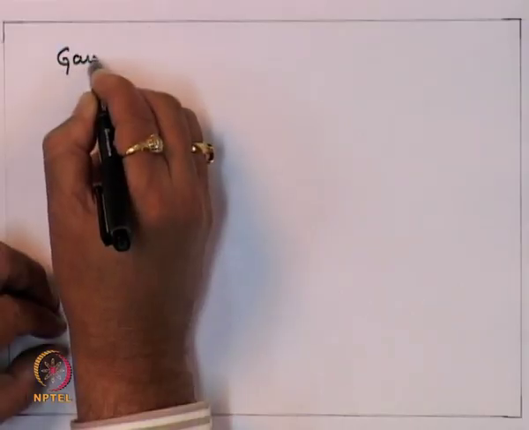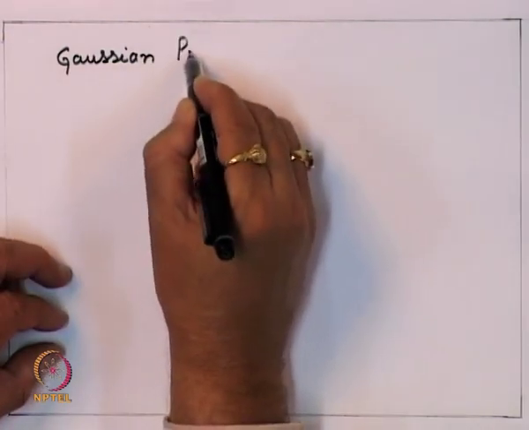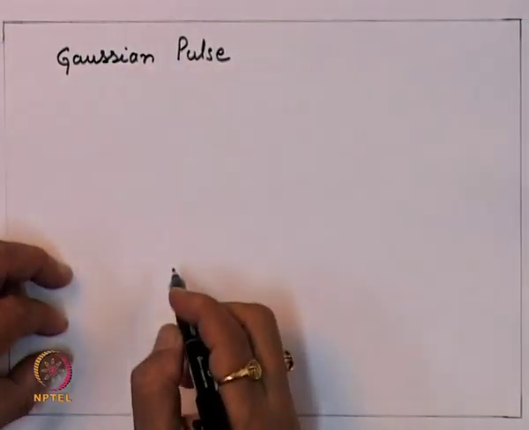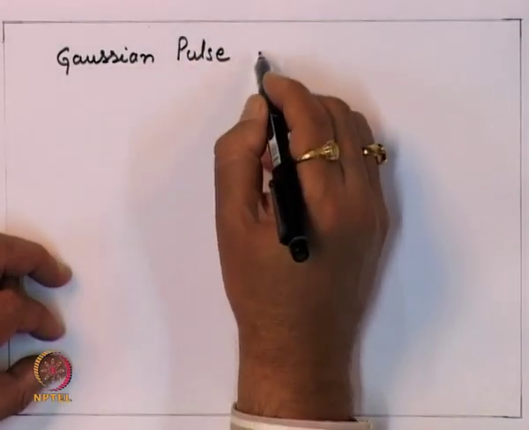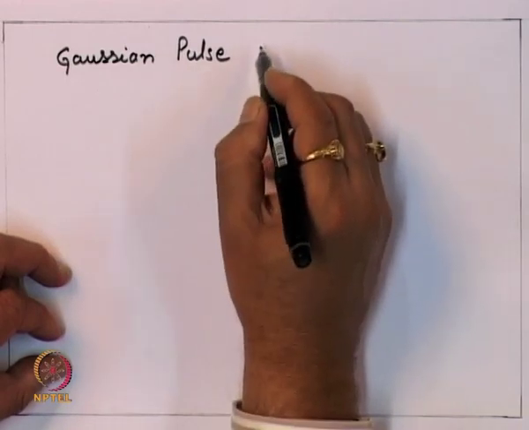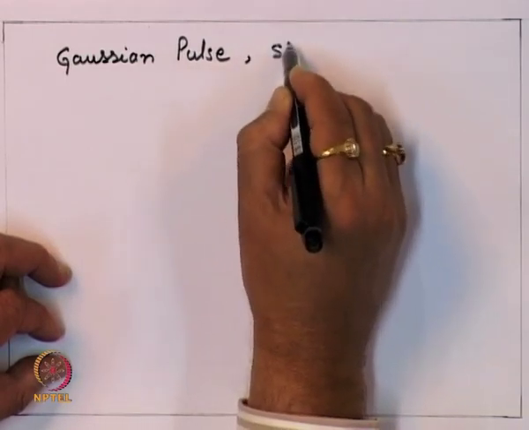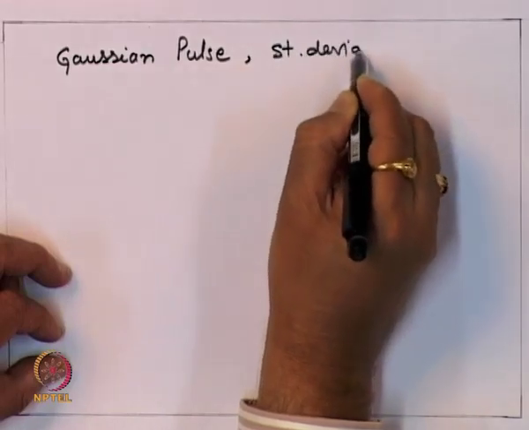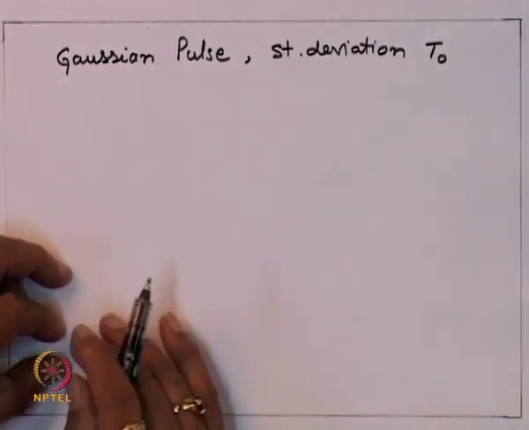Let us say I take a pulse which is Gaussian, and this pulse has a sigma given by T naught, the standard deviation for this Gaussian.